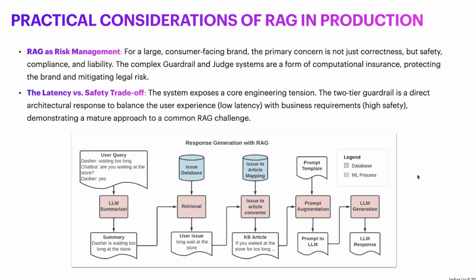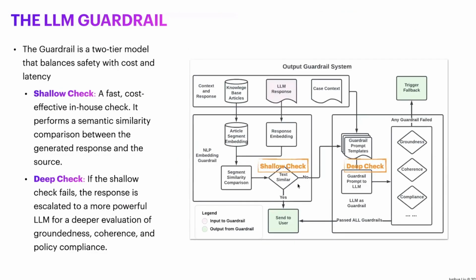Let's dive deeper into how their guardrail works. Here, there are two tiers again. So there are two tier models that balance safety with cost and latency. Here, this is the shallow check, right?